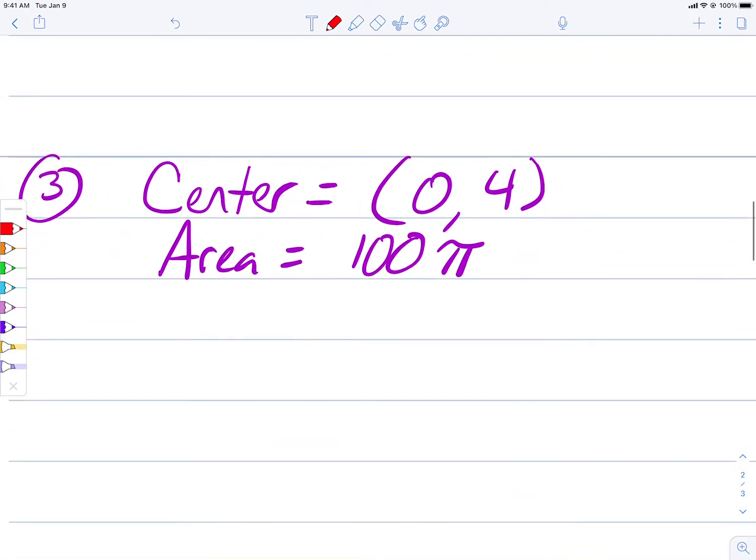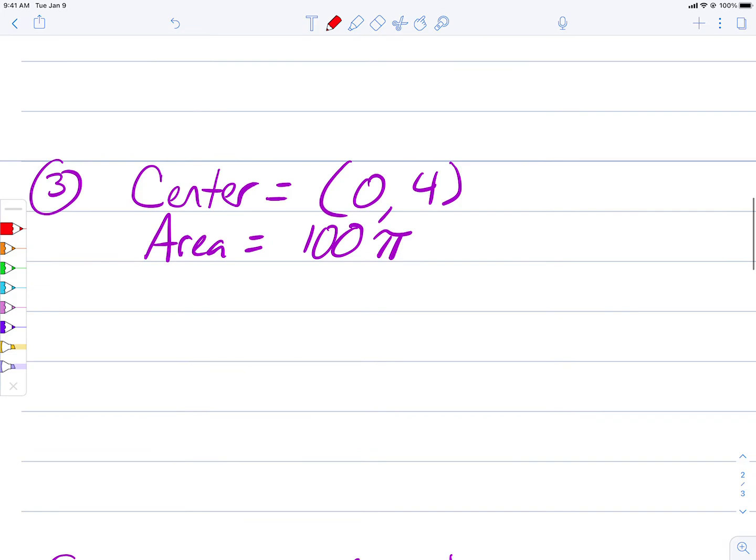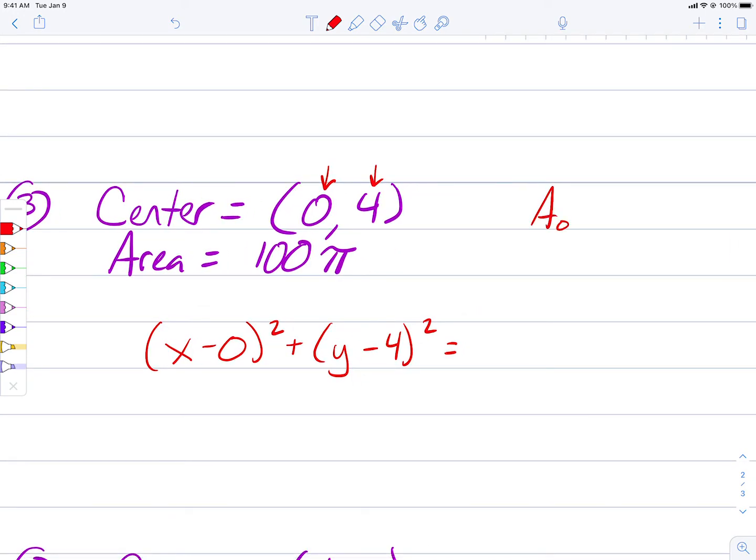So if we had a center at (0, 4), we would have (x minus 0) squared, so that's your x coordinate, plus (y minus 4) squared, there's that, equals, now the area is 100 pi. So let's think about this. The area of a circle is pi r squared.